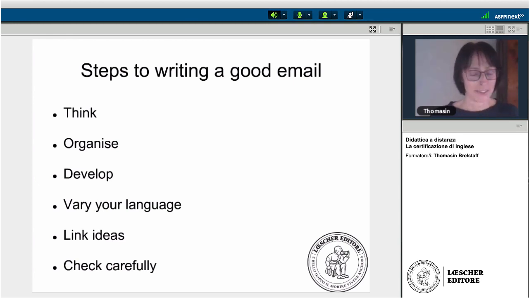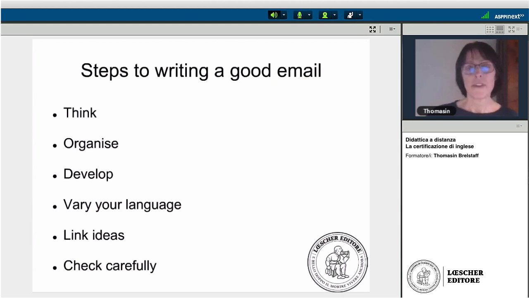This is always a good piece of advice, whatever sort of task you're doing, but I'll explain more about each step as we go on. Then organize. I'm talking here about organizing the ideas you're going to use in your email. The next step is develop. And here I mean develop the ideas you're going to use.